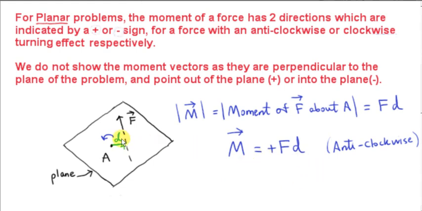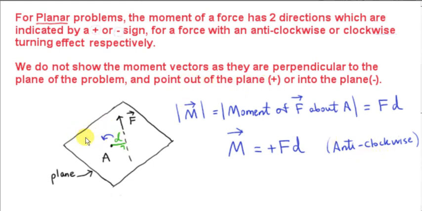Okay, so this is our vector M, but where is vector M? Well, as a matter of fact, vector M is perpendicular to the plane of the problem. So that's why we never show vector M. If vector M is positive, that means we are dealing with an anti-clockwise moment, then vector M actually points out of the plane.